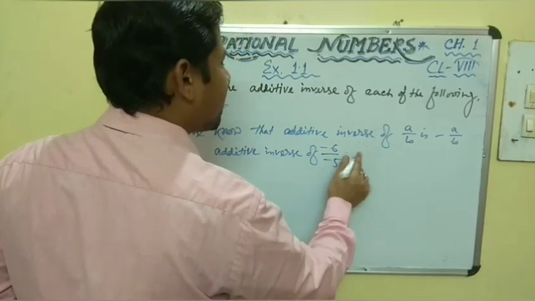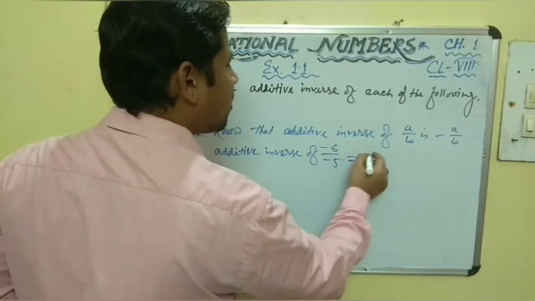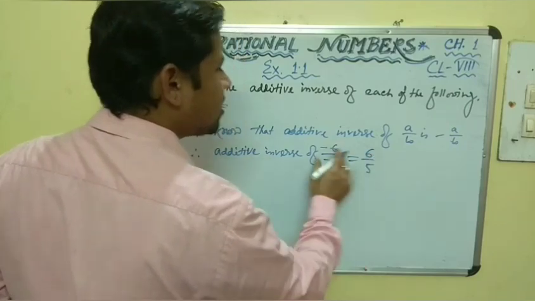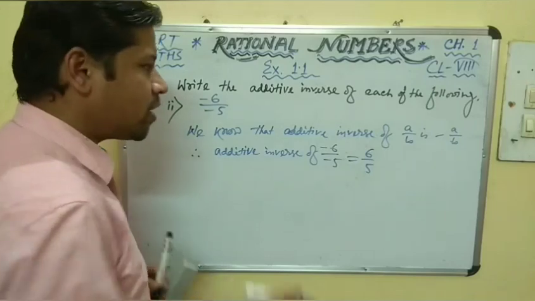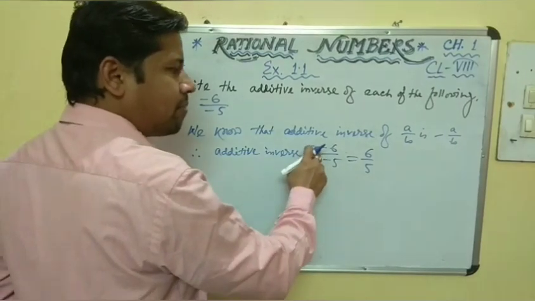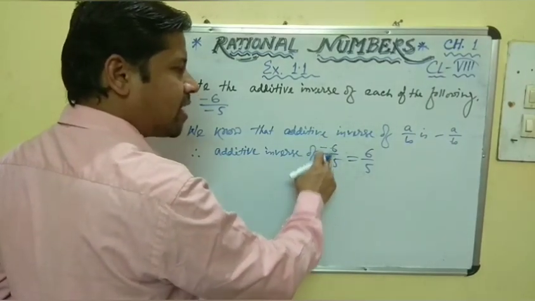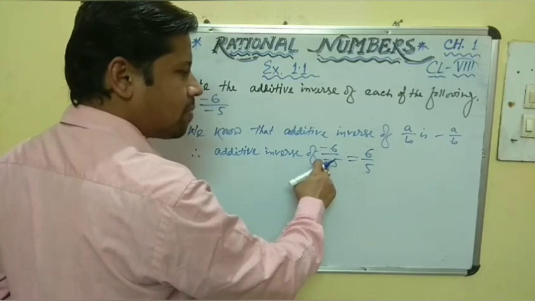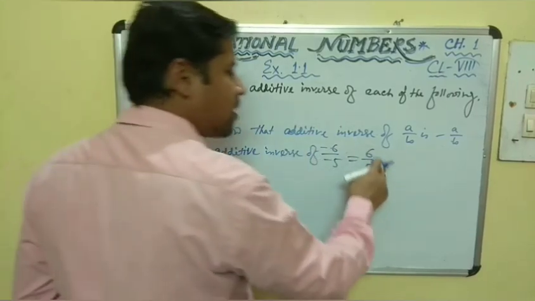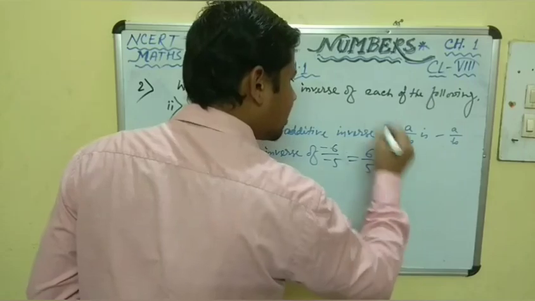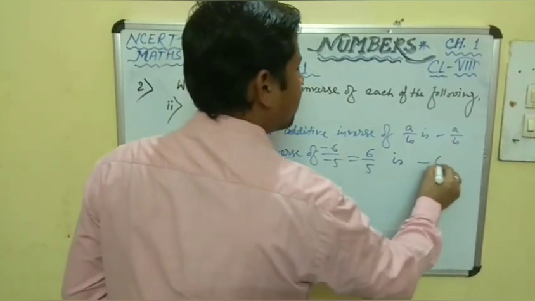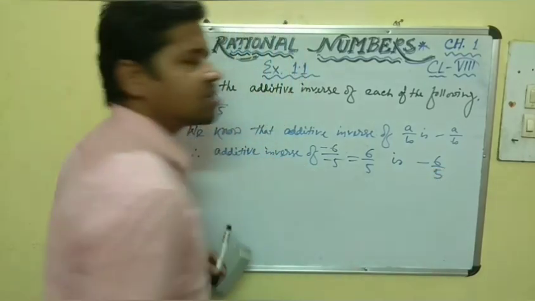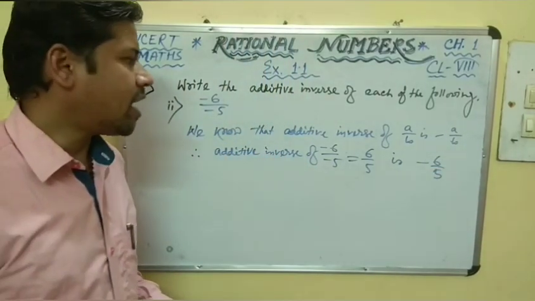Minus 6 by minus 5 means minus becomes plus, that is 6 by 5, because minus and minus will be cancelled out. How is it cancelled out? If we multiply by minus 1 to both numerator and denominator, then minus will be plus and minus will be plus. So 6 by 5. So what will be the additive inverse of it? Minus 6 by 5 will be the additive inverse.